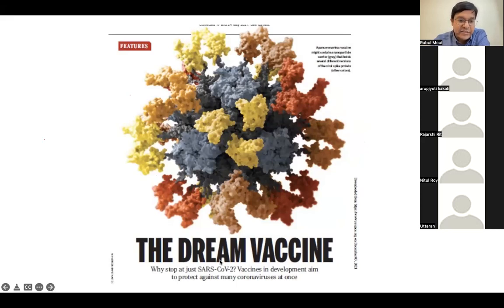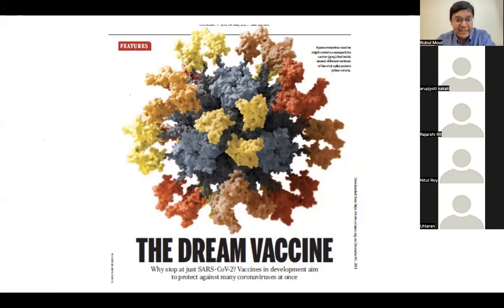Science magazine called this a dream vaccine because you can build this vaccine and put so many different variants of spike proteins into it, and you can make a universal vaccine that can fight against the entire pan-coronavirus family, for example, not necessarily against one strain.